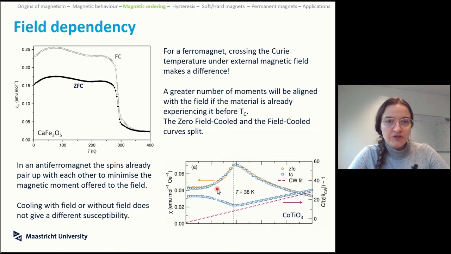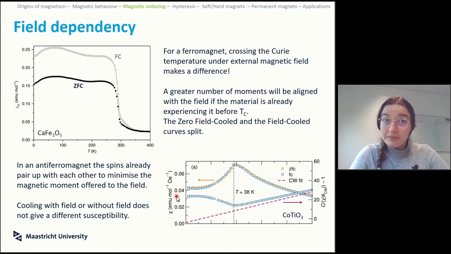When you measure your susceptibility, once again, mind the double plot of susceptibility as a function of temperature and inverse of the susceptibility. If you cool down in no magnetic field, you can vaguely see the yellow pointers underneath. You cool, you go through the Néel temperature, your susceptibility drops. Nice.